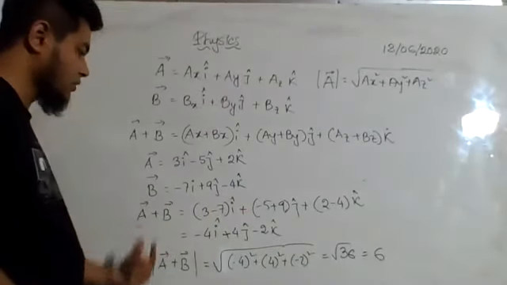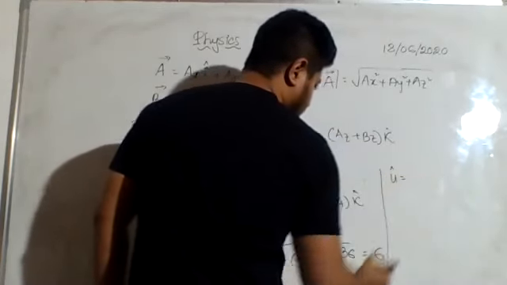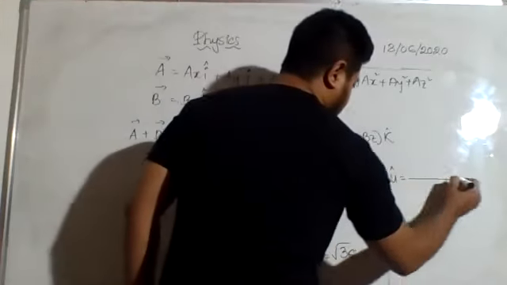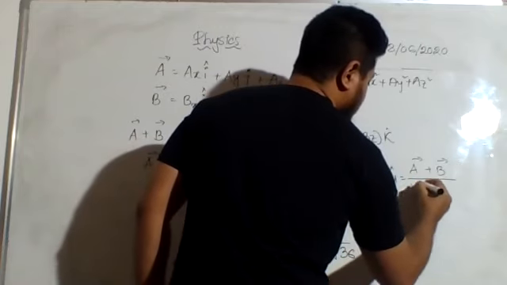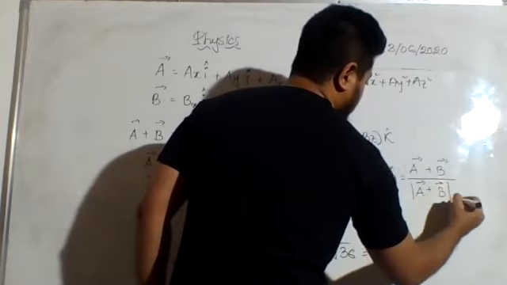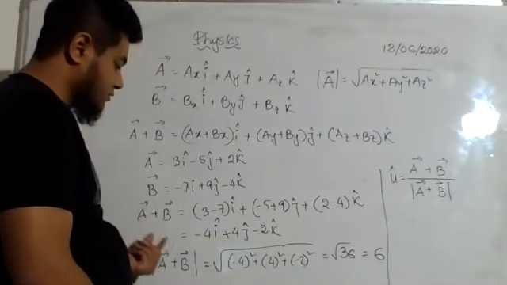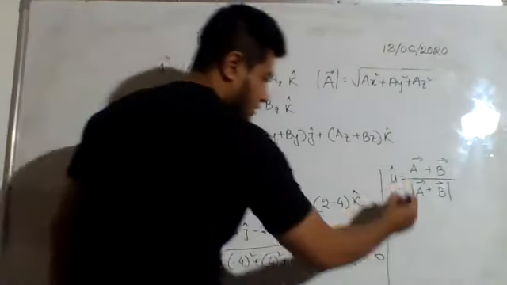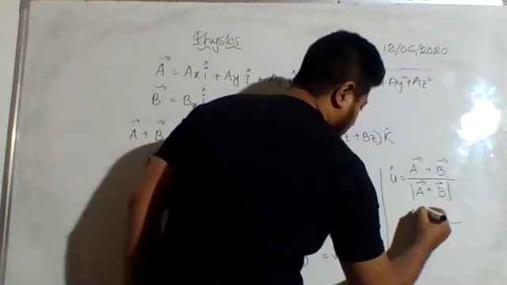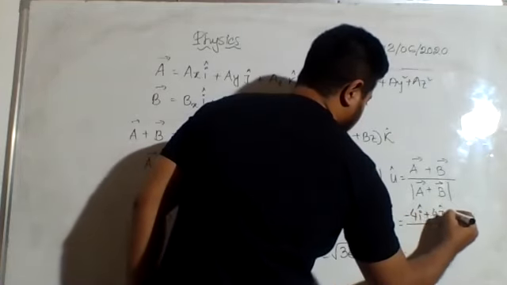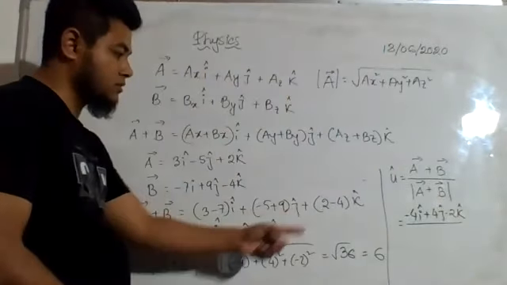Now I want to find out the unit vector. So if the unit vector is u, then what can I write? To get the unit vector, if you remember, we already discussed this. Any vector will be divided by the magnitude of that vector. Now A plus B, we got this, right? So in the numerator, we will write minus 4i plus 4j minus 2k, divided by the magnitude, that is 6.